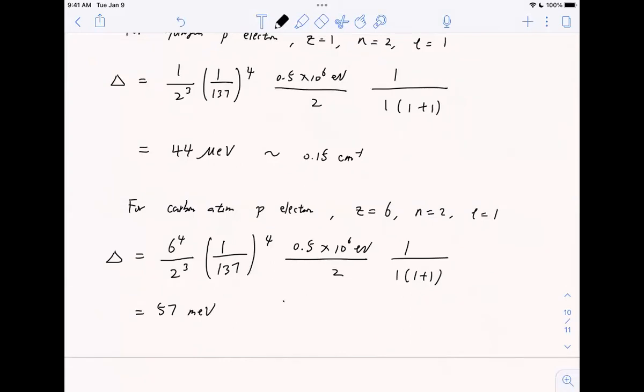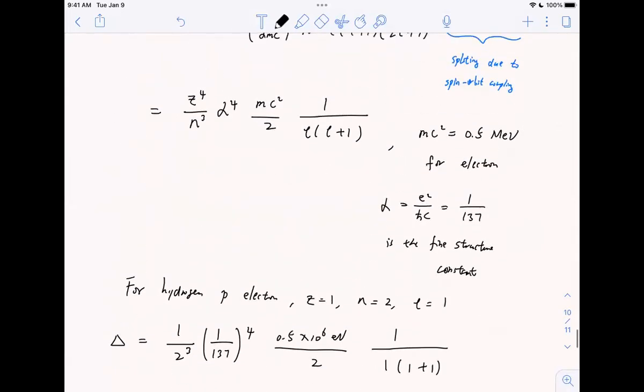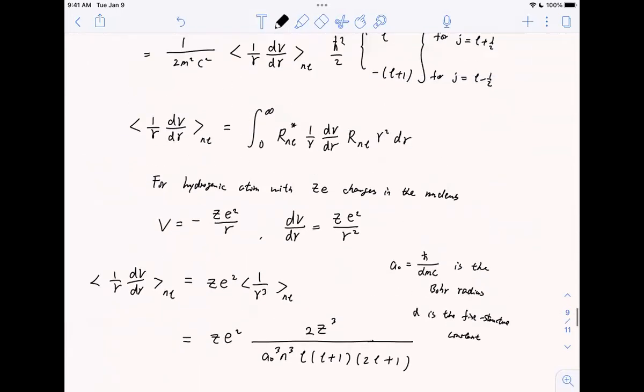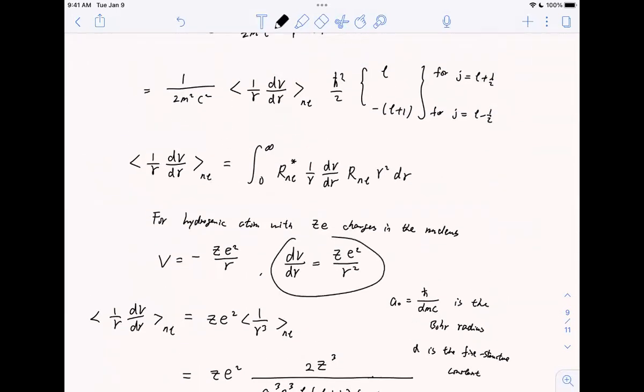Okay, but here you see this is already sizable. You're supposed to see a spin-orbit coupling of 57 milli eV. However, here you have to say the screening is not included. So screening is what is affecting this thing. This is when you don't have any screening.